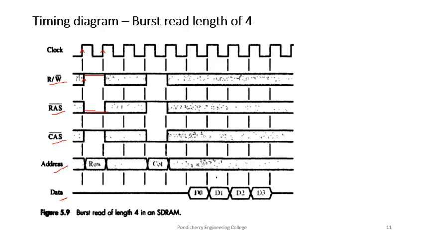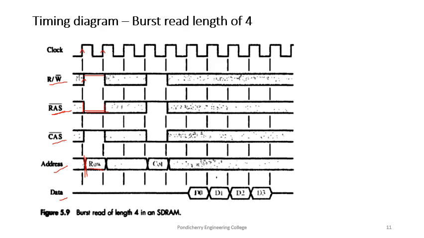Now the row address strobe is selected or active, and when the RAS signal goes low from high, you can see here the address bus is having this row address. The row address is getting latched into the row address latches because of this row address strobe signal.